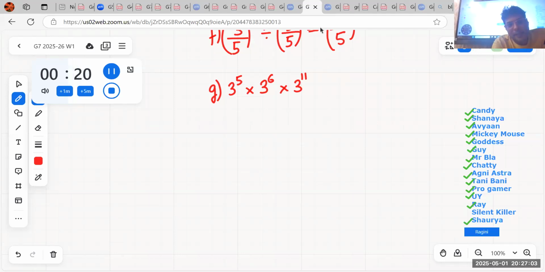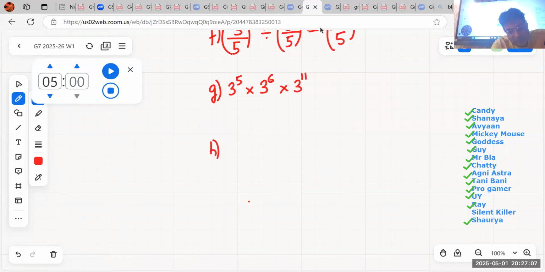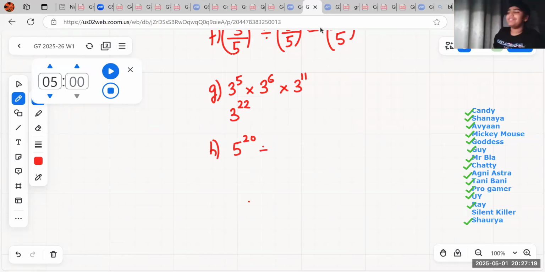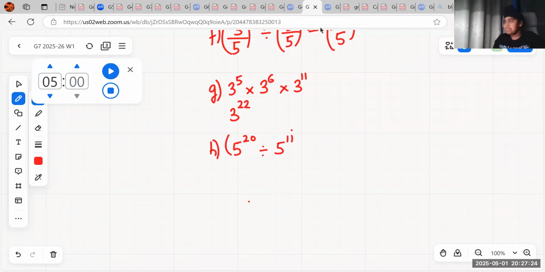Silent Killer, what's my answer? 3 raised to the power 22. Okay, 3 raised to the power 22. Next. Is this the last question? No.